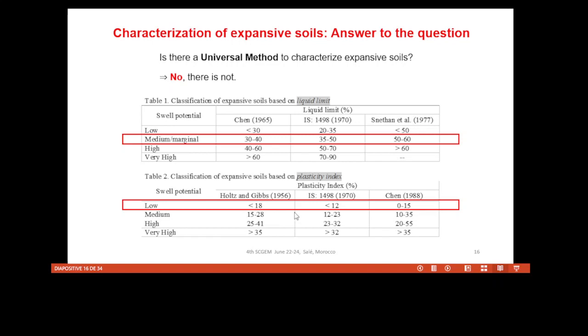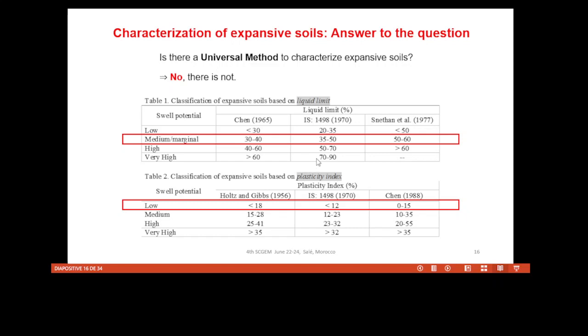So what we can say here is that these tables show different ranges of the liquid limit and the plasticity index for the same degree of the swelling or the swell potential.